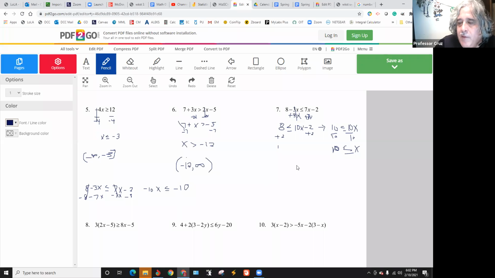All right, now that looks completely different than this, right? Same numbers in a way, but watch what's going to happen. When we divide by that -10, then what happens is we have to change that thing around. So this is now positive x. Oops, what was it I did here?